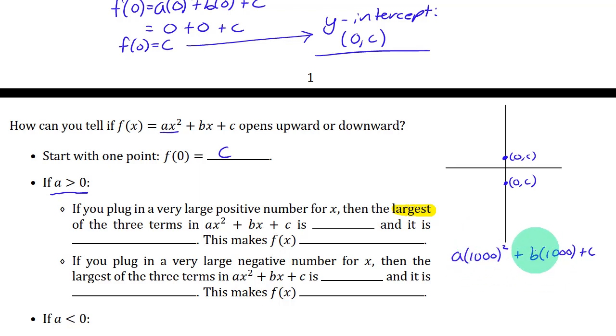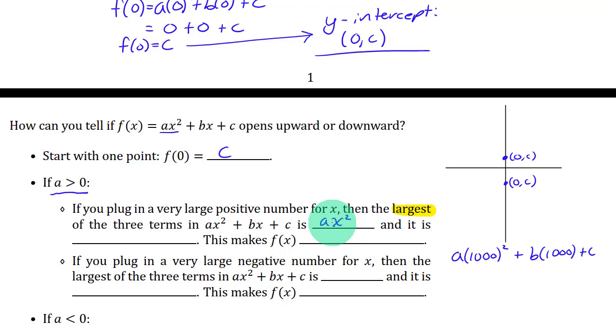And if b is really big and a small, then instead of plugging in 1,000, plug in x equals 1,000,000 or x equals 1,000,000,000, something bigger than b. So the largest of the three terms is always going to be ax squared if x is a really big number. And is that positive or negative? Well, we're saying that a is positive and anything squared is positive.